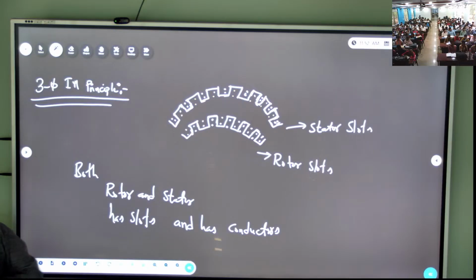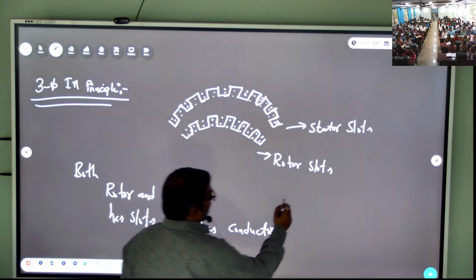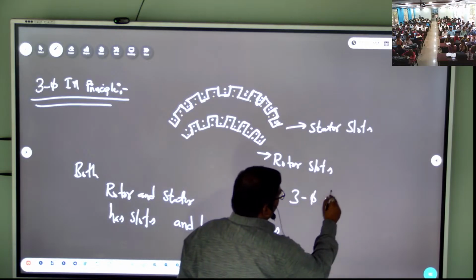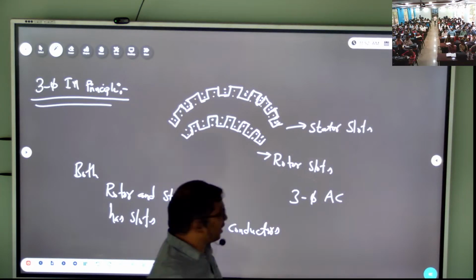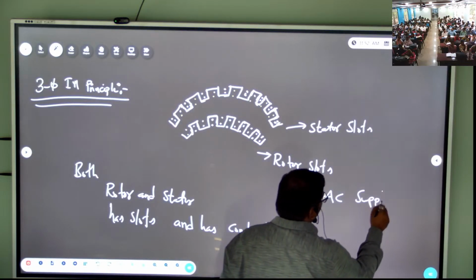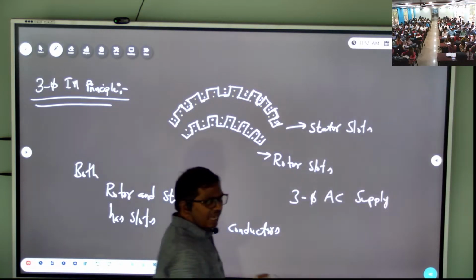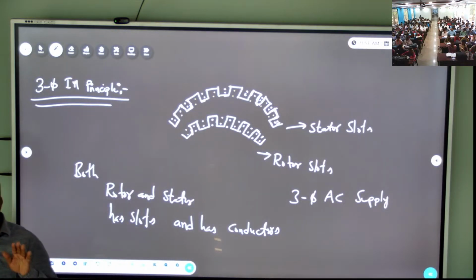This stator is connected to a three-phase AC supply. The induction motor is an AC machine. I said the principle we use for the transformer is the same as the principle for the induction motor, because another name for it is a rotating transformer.